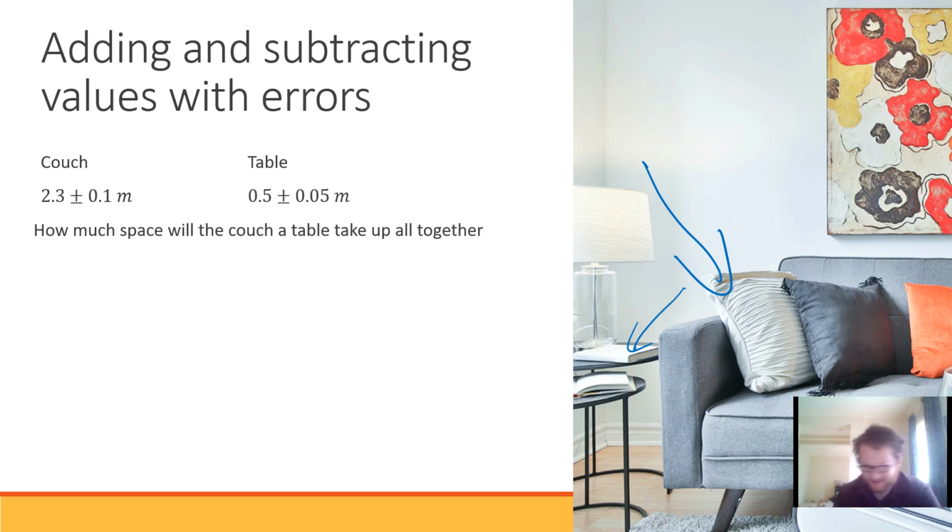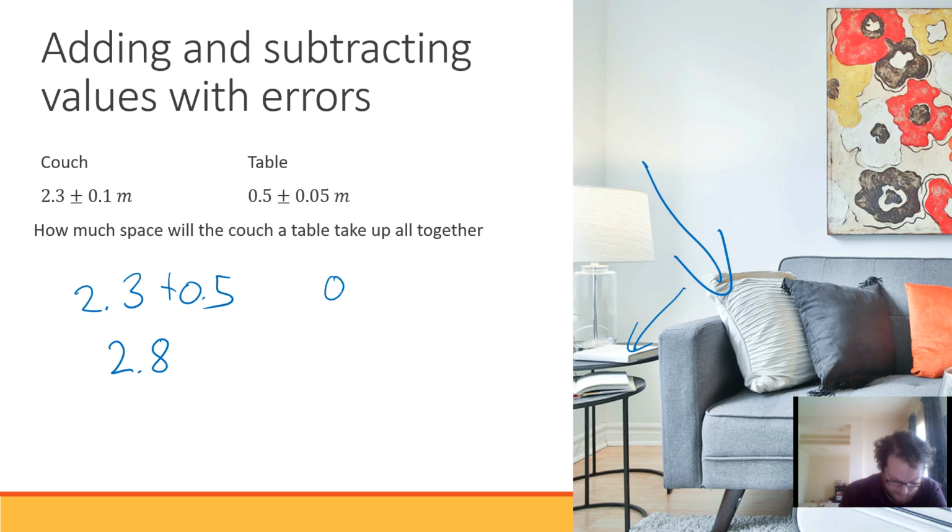Just sit down. Okay, so if I want to add these two errors together, what I would do is I'd say, well, let's just add the values together first. 2.3 plus 0.5, beautiful, done, 2.8, excellent. Now with the errors, I just have to add the errors. So the error in the couch is 0.1 plus the error in the table is 0.05.